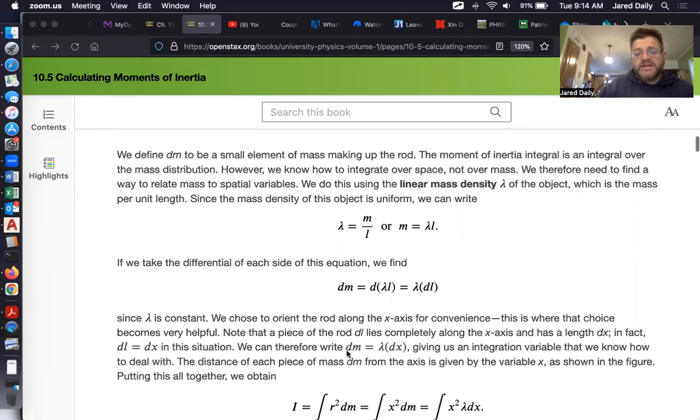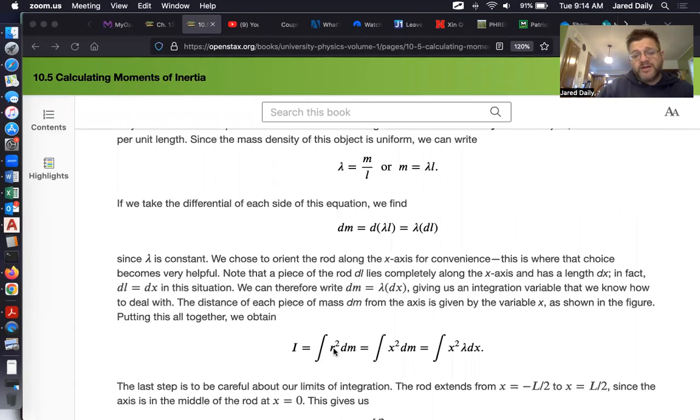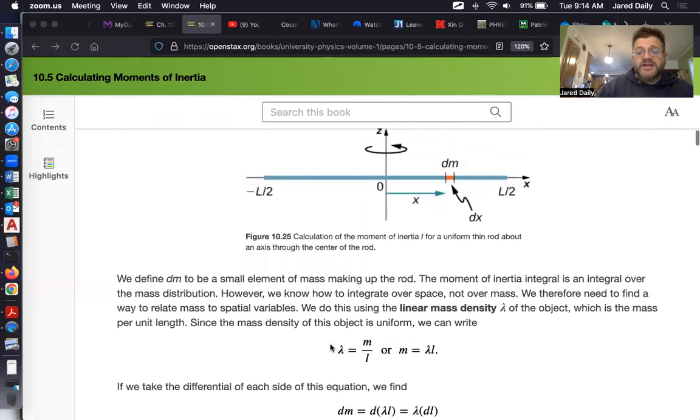We have to figure out what dm is, and we have to figure out what r squared is, and we have to get those in the same independent integration variable so that we can actually integrate. So we start off with the dm. This little piece of dm is going to have a little length of dx. The distance to it is going to be x, because r is in the x direction. We're only in one dimension here.